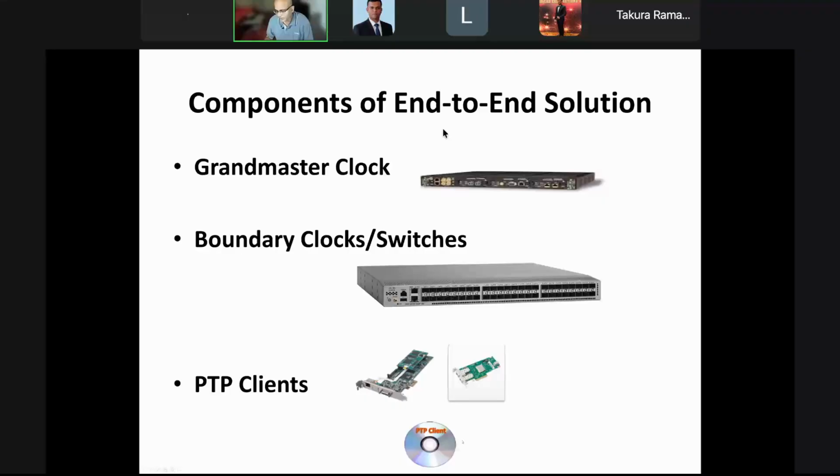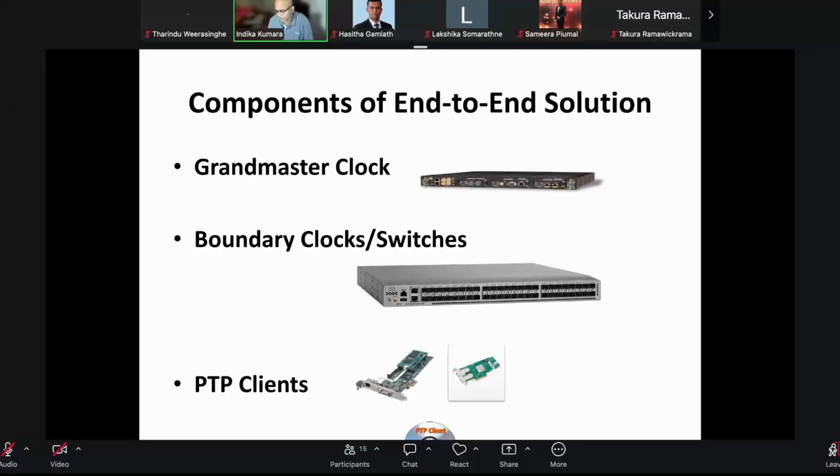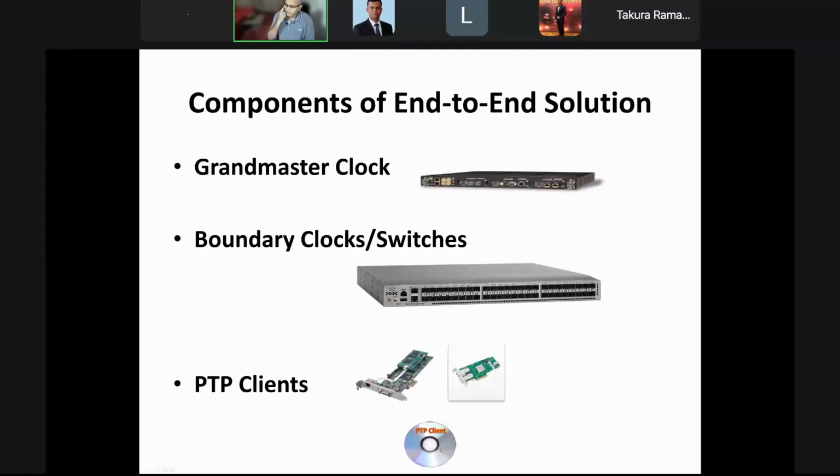Then you have a boundary clock or the ordinary clock on your machine, synchronizing with the network card time. That's the most accurate way to deploy. But if you don't have SmartNICs, you can still synchronize using software timestamping, which is somewhat less accurate compared to hardware timestamping.